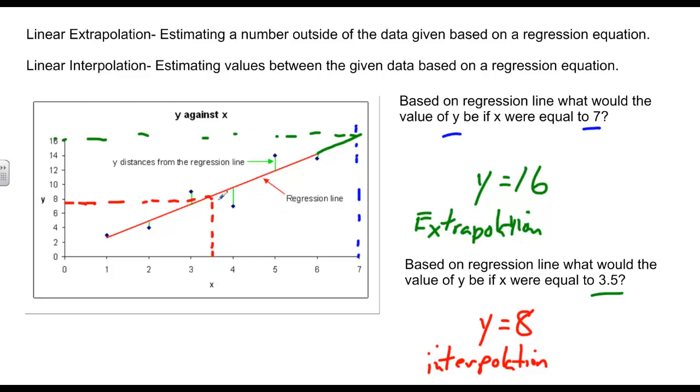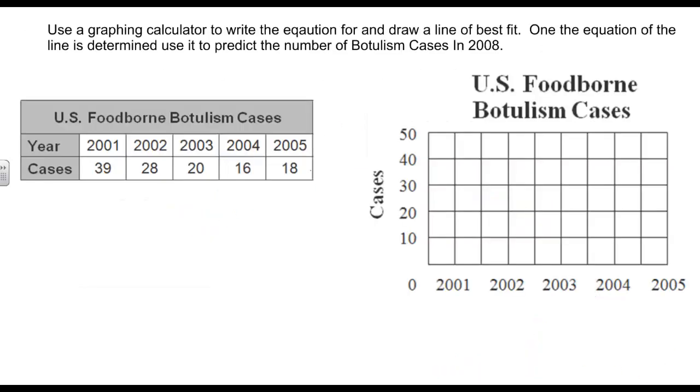All right, so now we've given you all the definitions. We're going to actually do some calculation. So here we go. First of all, I have a set of data. It talks about botulism cases over a set of years. And what we can do is manually graph a scatter plot based on this information. So at 2001, we have roughly 36.